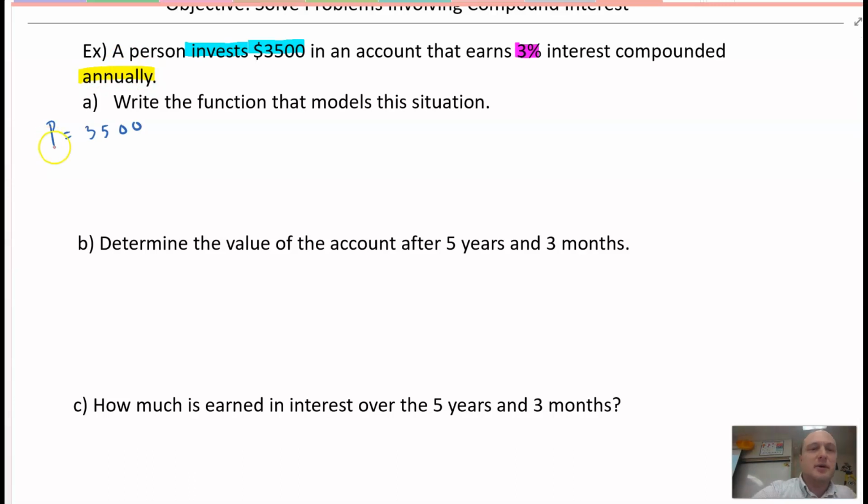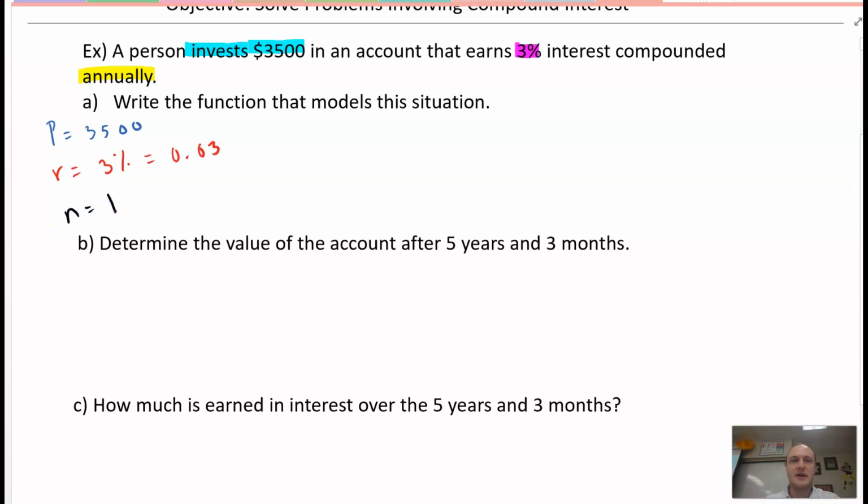So I know that my rate is equal to 3%, which written as a decimal is 0.03, and we're compounded annually, so that means that n, the number of times, is equal to 1.